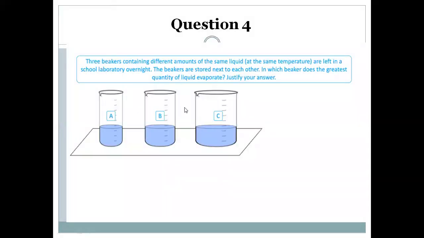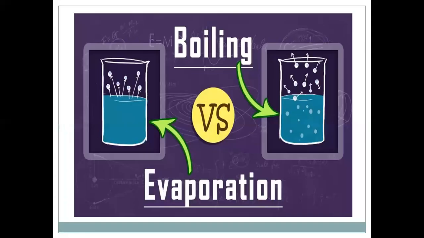Again, as you see, the surface area of C is the greatest, so the evaporation for beaker C will be the highest. Since it is the same liquid and the same temperature, the effect will be only from the surface area. Since C has the greatest surface area, it has the greatest rate of evaporation.